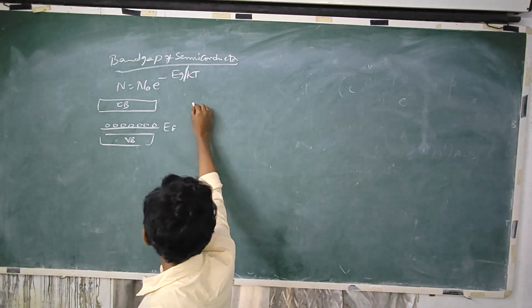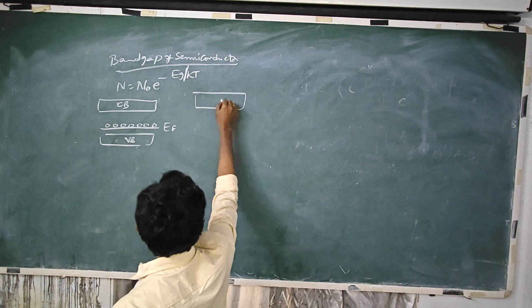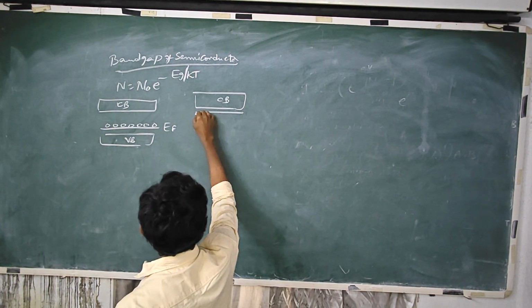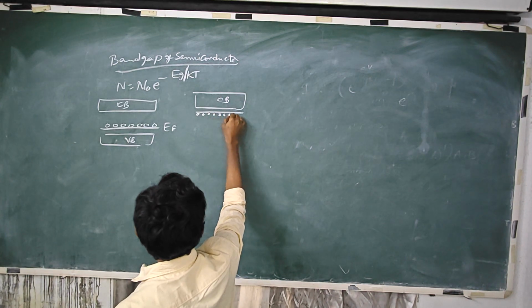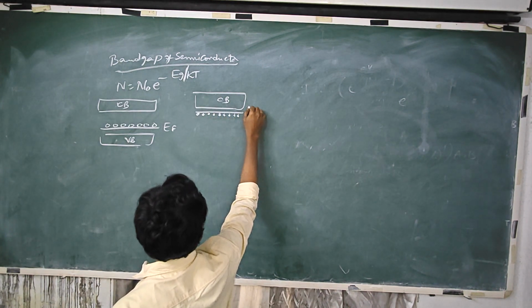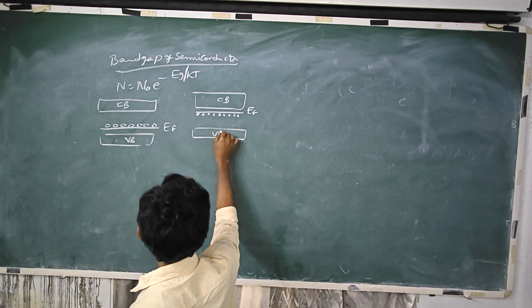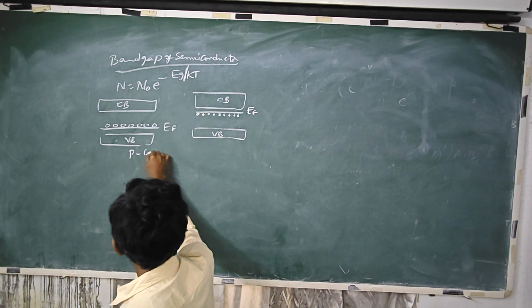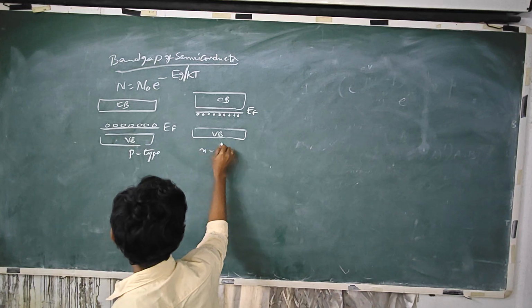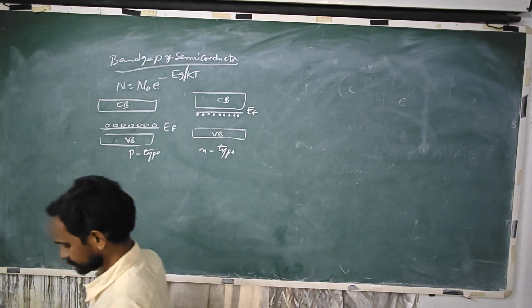Whereas in n-type material the excess electrons will be nearer to conduction band and Fermi level lies near to conduction band. This is a band diagram for p-type and n-type materials.